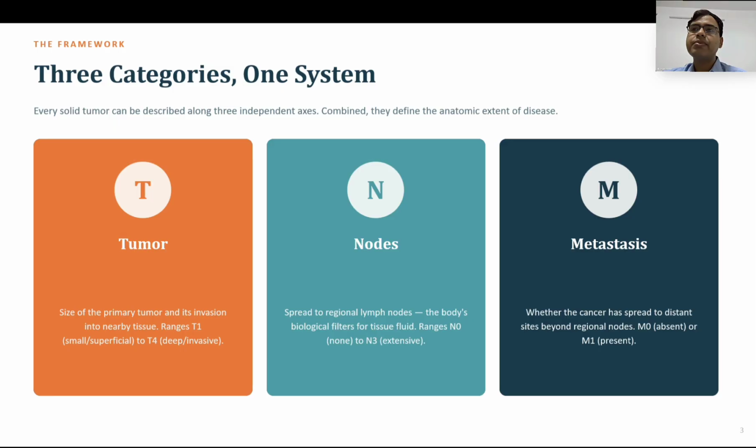Out of that, one or two cells will slowly detach from the main tumor and travel through the bloodstream or through the lymphatic system. Now, the lymphatic system is a system of fluids which drains the interstitial fluid and takes it back into main circulation. So from the T, that is the tumor, some of the cells shed and go to the N, that is the nodes.